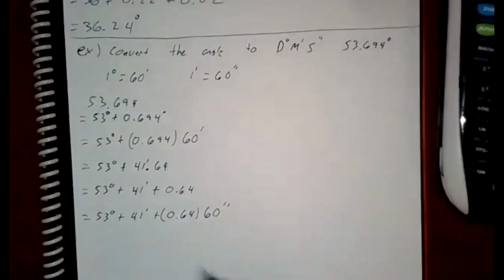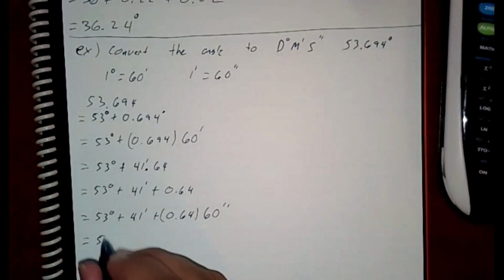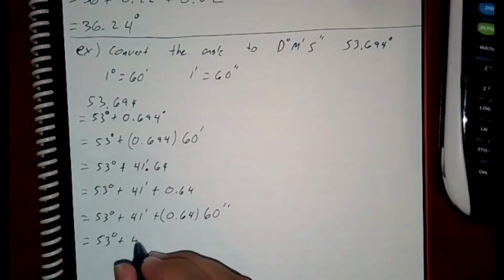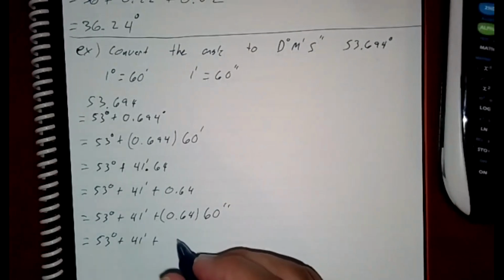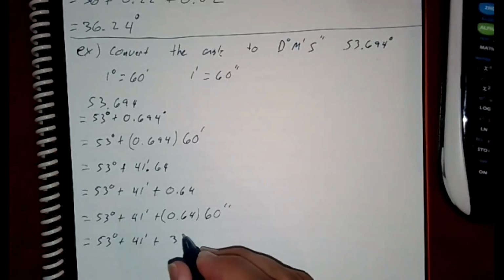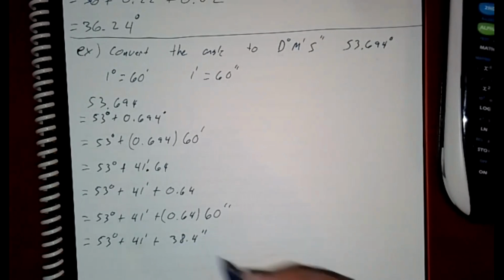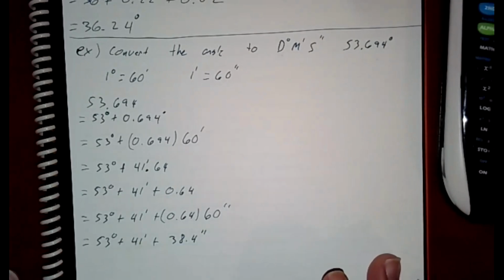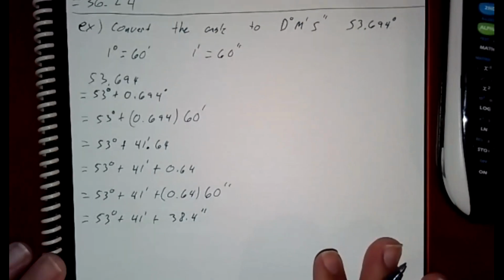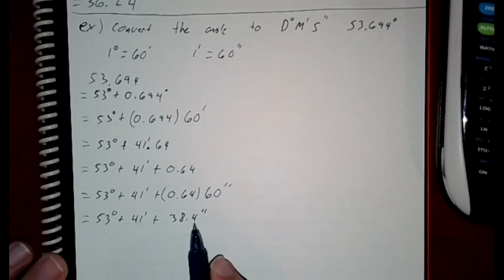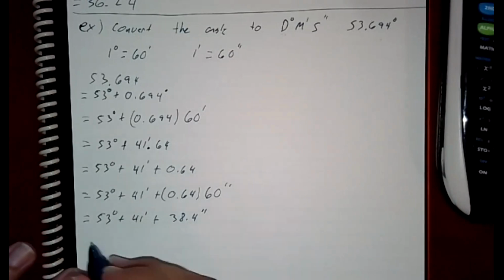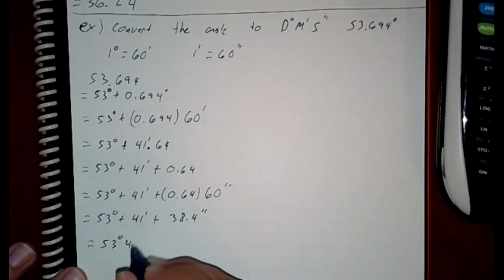So that'll be 53 degrees plus 41 minutes plus 38.4 seconds. So at this point, you just cut off that decimal because we're not going further than seconds. So the answer will be grouped together as 53 degrees, 41 minutes, 38 seconds.